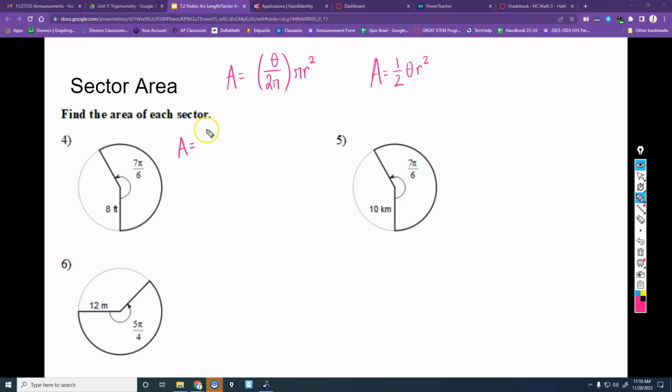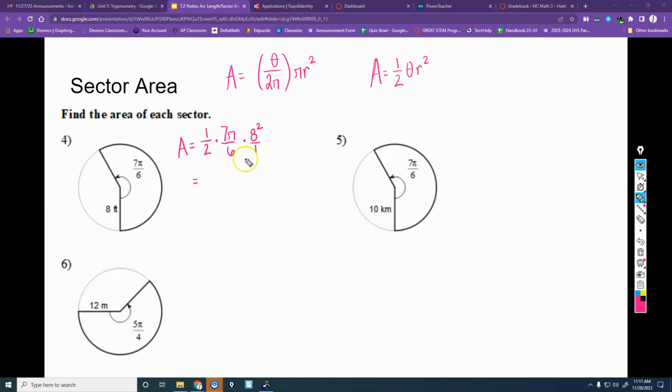You're going to have 1/2 times your angle, which is 7 pi over 6, times your radius squared, so 8 squared. And I'm going to put this over 1 right here so that I've got all fractions, right?